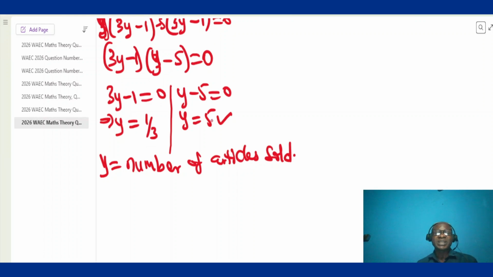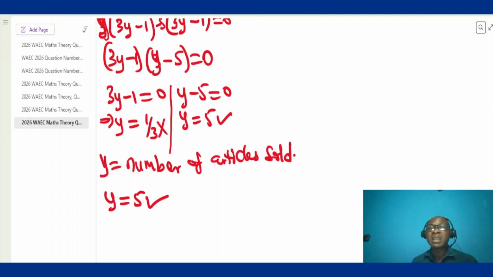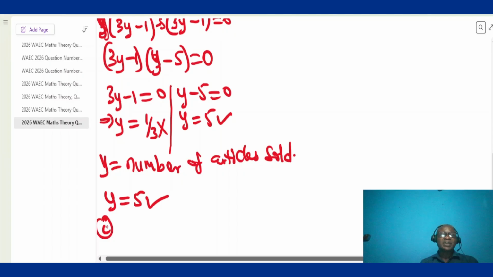So we expect to get an integer. Therefore, we are going to discard this 1 over 3 and use y equal to 5 as the correct value. So in conclusion to question 11A(i), the number of articles sold is equal to 5. Final answer.